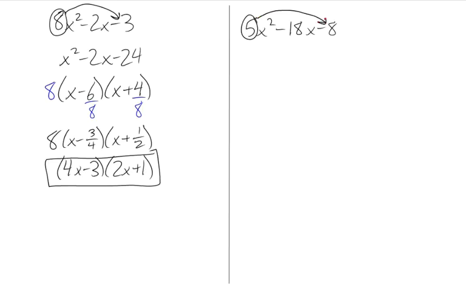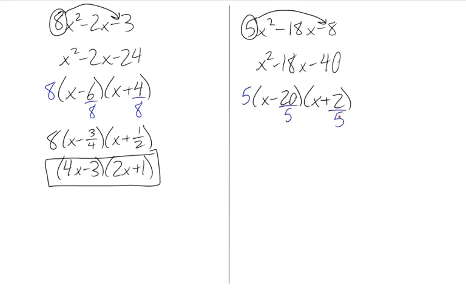5 times negative 8. I get x squared minus 18x minus 40. Alright, two numbers that multiply to negative 40 and add to negative 18 looks like, how about x minus 20 and x plus 2. So again, my original number was 5, so I'm going to put in a divided by 5 on each of these.